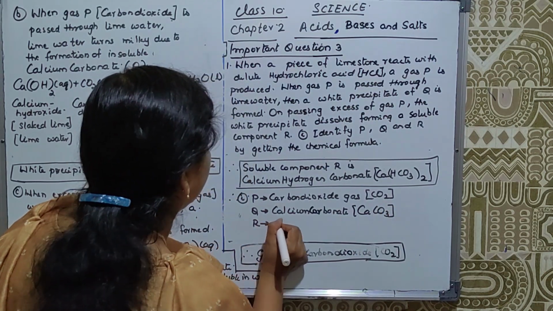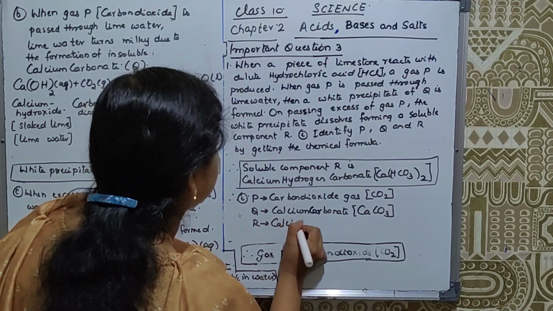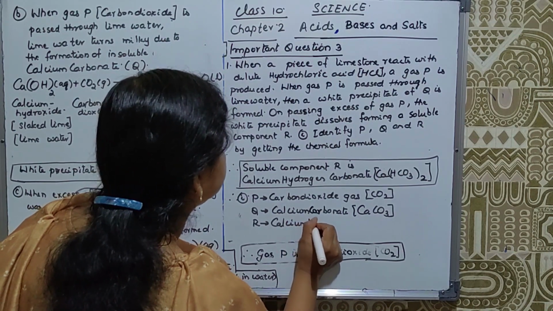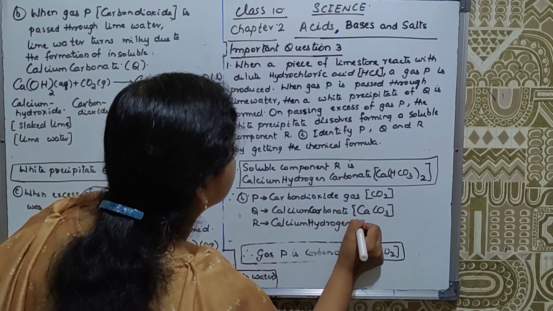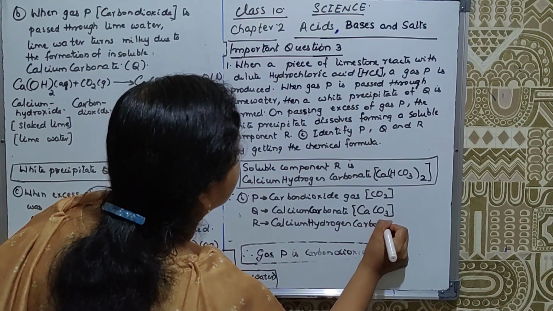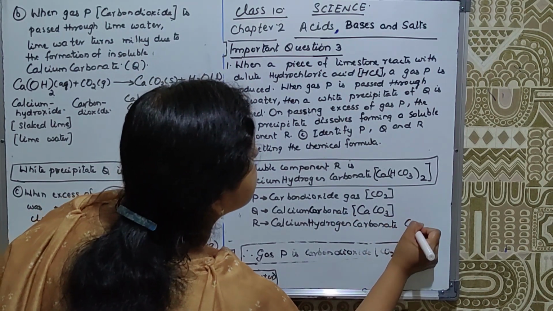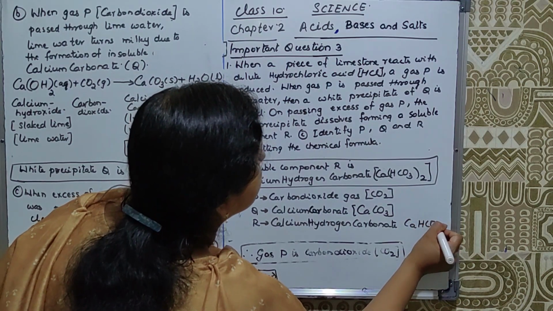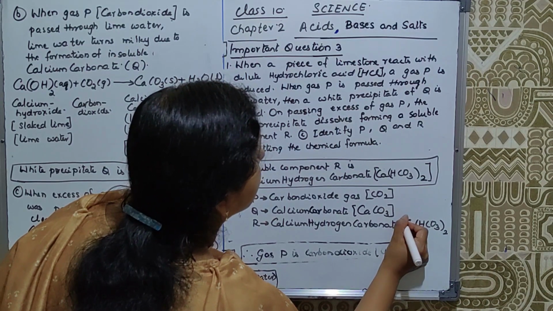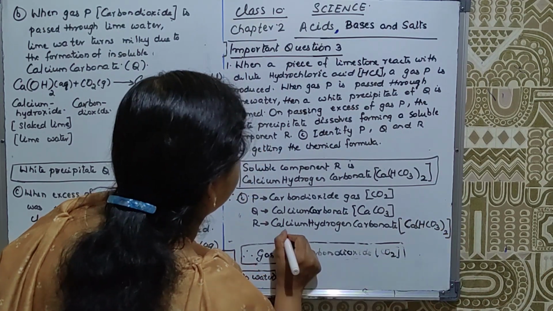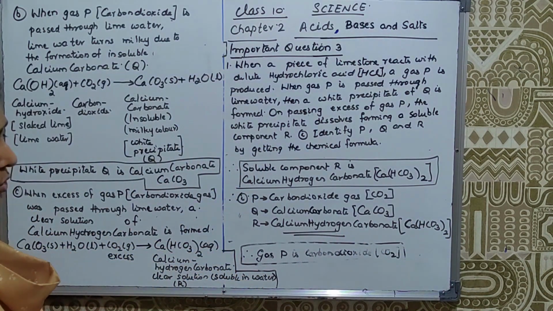And R is calcium hydrogen carbonate, formula is Ca(HCO3)2. That is the formula. Now we'll go to the next question.